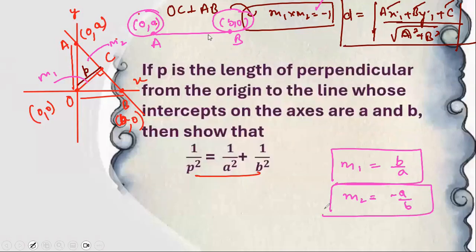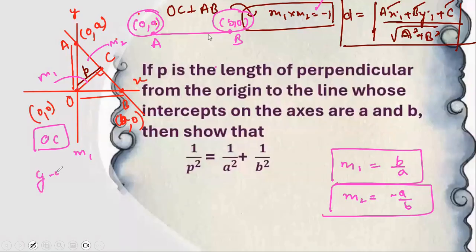Now what we have to do, everyone, we have the slope. When you have the slope, you can easily find the equation of the lines. So I will find the equation of OC first, and then I will find the equation of AB. Now if you see the OC line, we have the slope, which is m1, and we also have the point on the line, which is O, 0, 0.